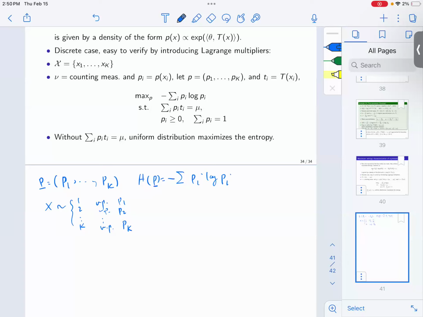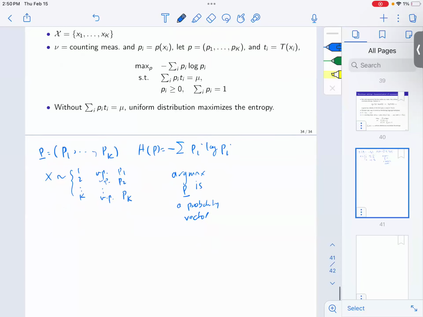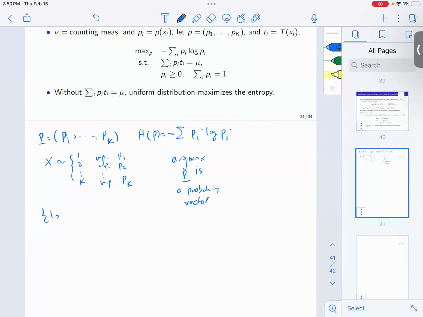Okay, so if I just maximize, let's say argmax over all p, where p is a probability vector. I'm thinking of a distribution on the set.